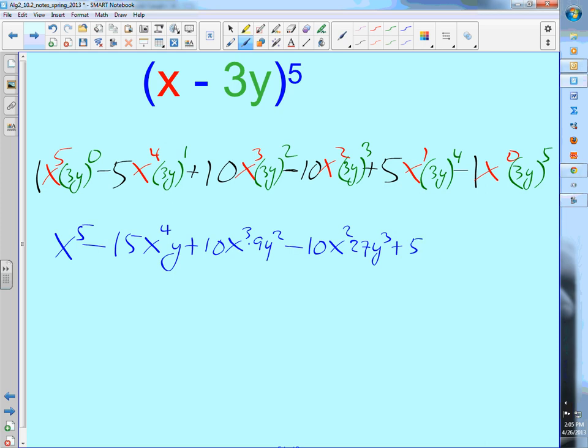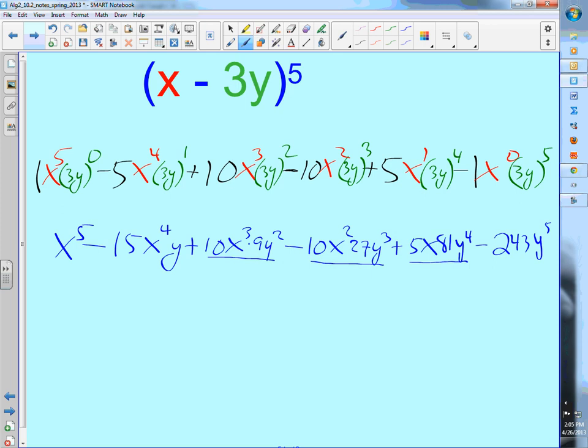Plus 5x times, oh God, 81, thank you, 81y to the 4th, minus 243y to the 5th. So there's still ones that need to be cleaned up. These 3 terms still need to be cleaned up. It's simplified.